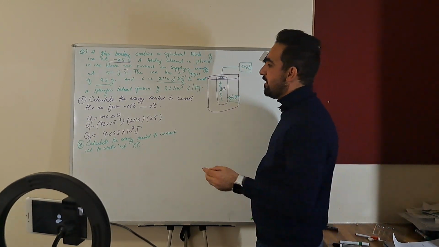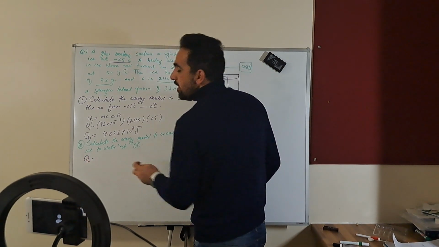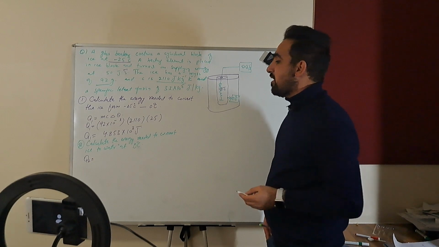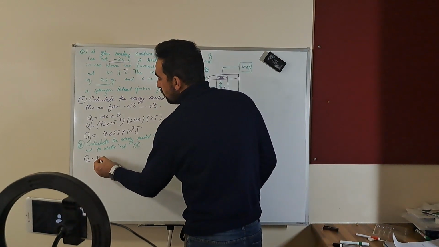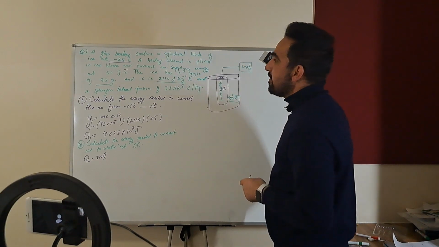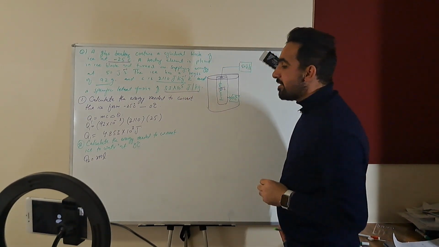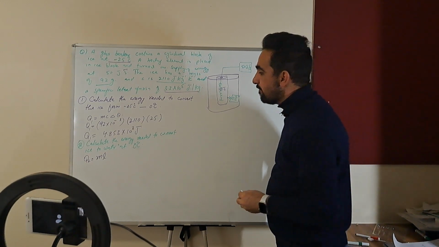And now we are finding another type of heat energy, Q2, that will be used to convert a state of matter, and it is equal to mL, where L is the latent heat of fusion, which is given here, that is 3.3 times 10 to the power 5.